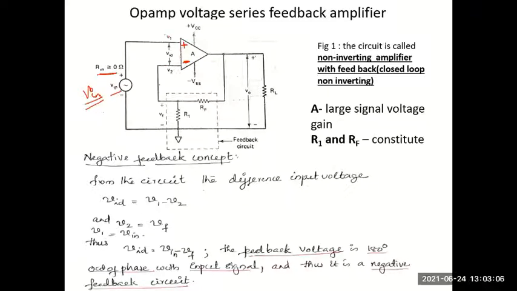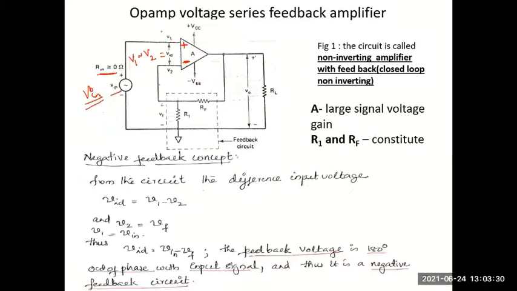So if I consider the voltage at the non-inverting terminal as V1 and this as V2, this VID would be V1 minus V2. Depending on the direction of the input signal, I can vary which one is positive and which one is negative.